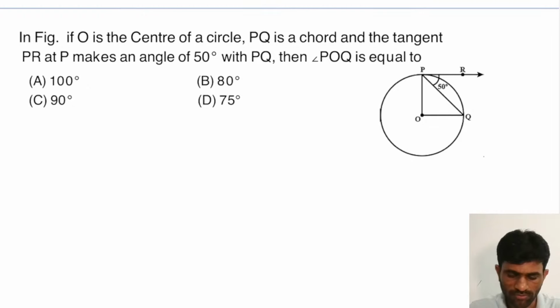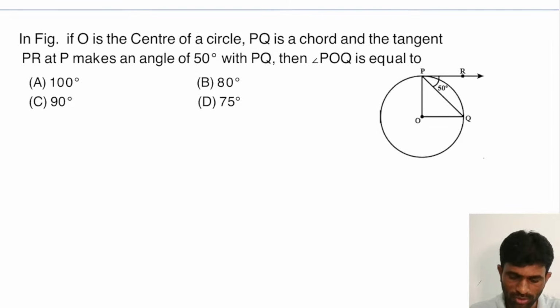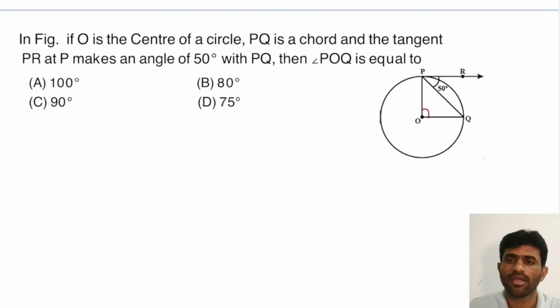In this we know PQ is a chord and PR is the tangent to the circle touching the circle at P, and it is making 50 degrees. The tangent is making 50 degrees with the chord. Then we have to find angle POQ. Taha, 90 degrees.